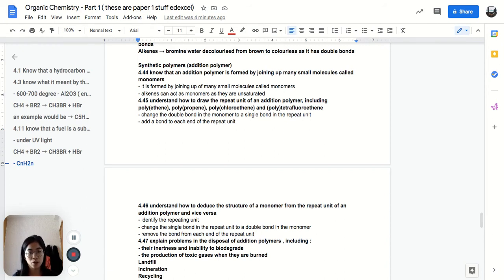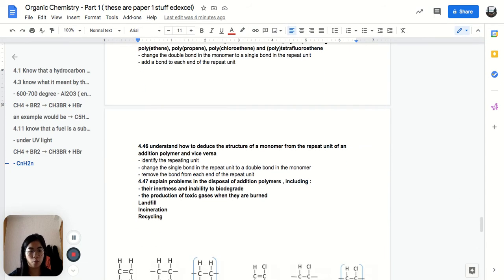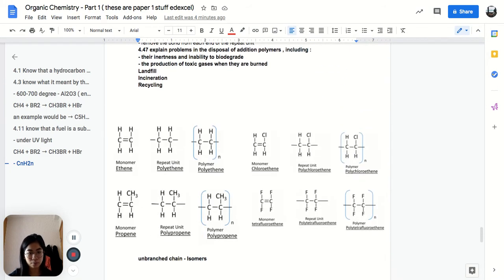When you have to get the monomer from the repeat unit, you identify the repeating unit, change the single bond back into a double bond in the monomer, and remove the bond from each end of the repeat unit. You probably still have no idea what I'm talking about, but it's okay. I'm going to show you pictures of what I am talking about.